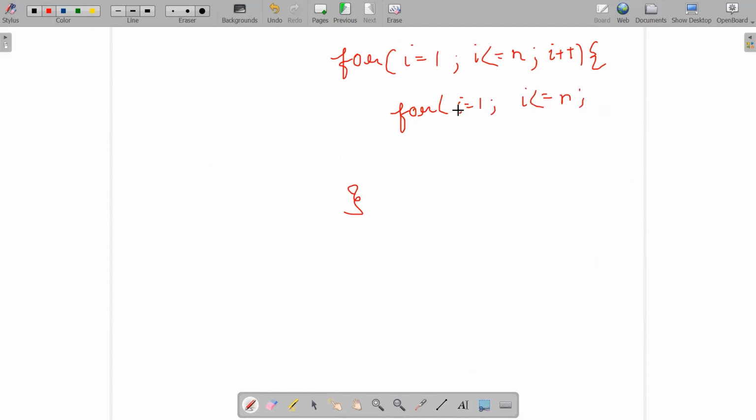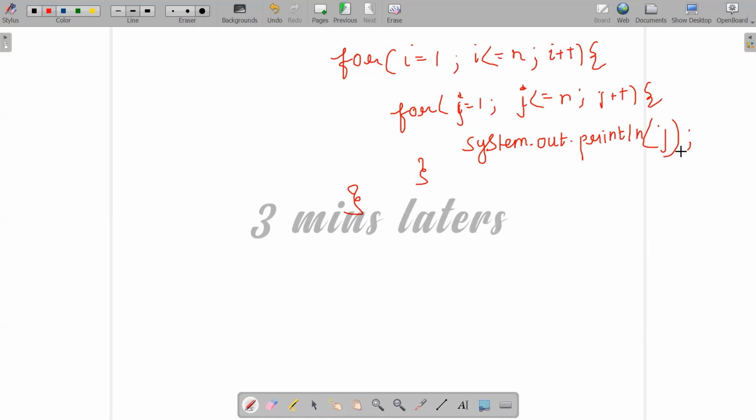Let's say, sorry, it's not i. Let it be another variable j, and j plus plus. Then you have to just try printing System.out.println the value of j. Try coming up with how many times your loop is running. Try thinking for 2-3 minutes, then give me the answer.